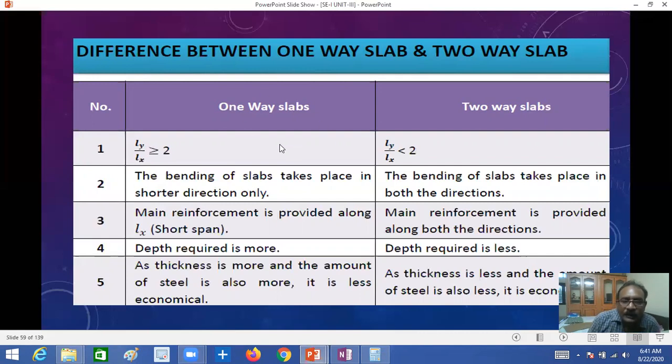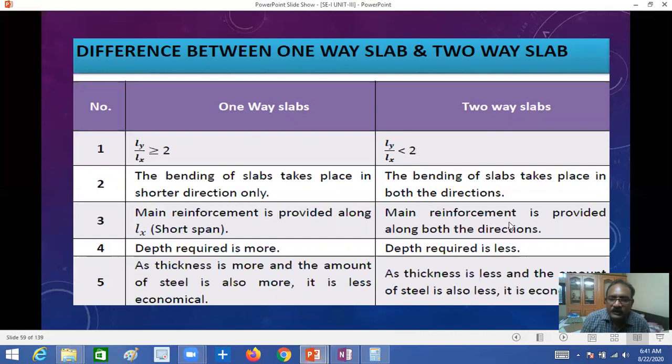See, and here longer span by shorter span greater than 2 is a one-way slab, an important point. And in a two-way slab, longer span by shorter span is less than 2. In a one-way slab the bending takes place in the shorter direction, and in a two-way slab the bending will be taken in both directions. Main reinforcement is provided in the shorter span.